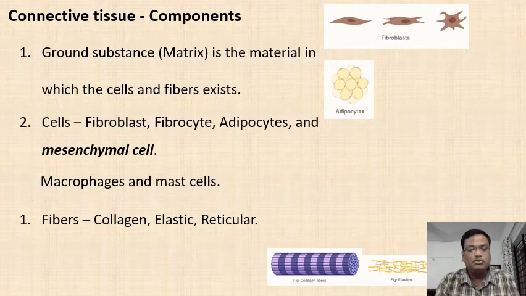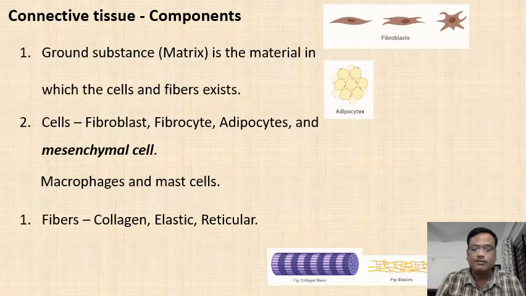Connective tissue is mainly made up of a ground substance which is called matrix, and in this matrix you find two important components, that is the cells, different kinds of cells, and different kinds of fibers.